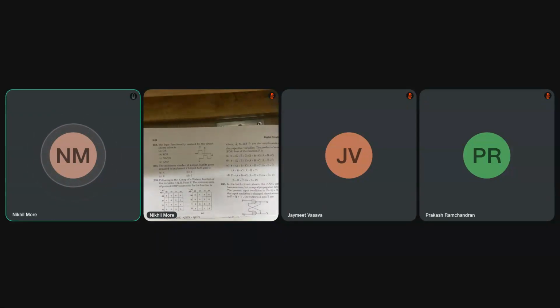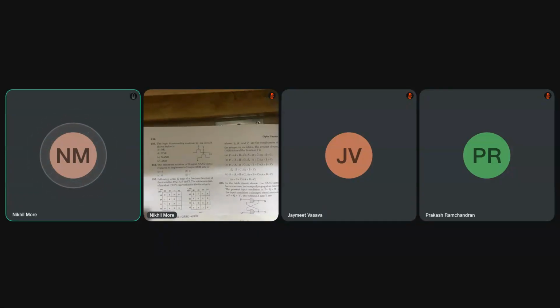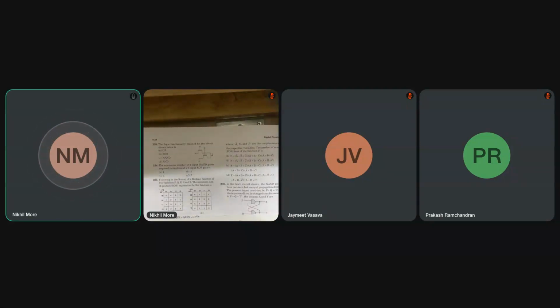When X is 0, okay, so this is when X is 0, and the second part is when PQ and RS, when X is 1.